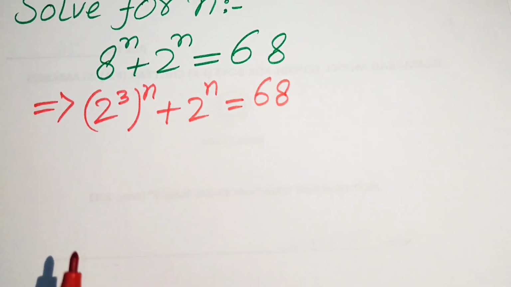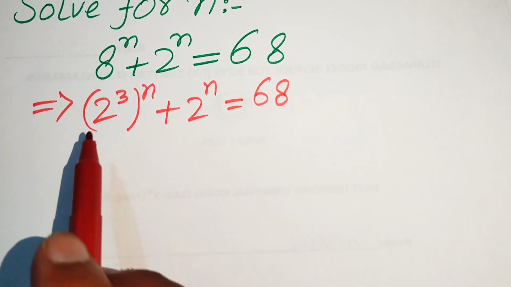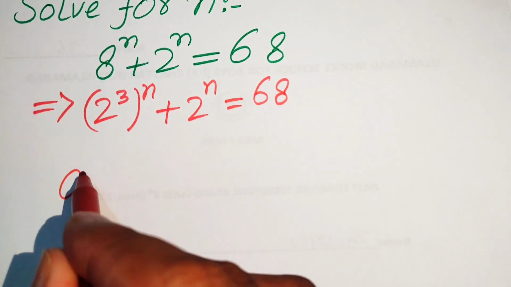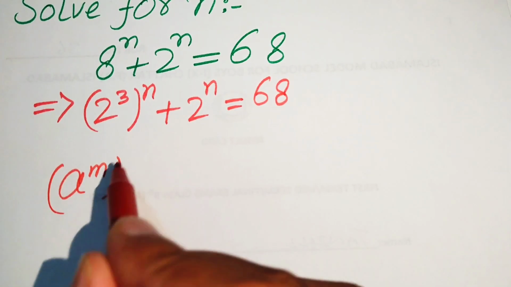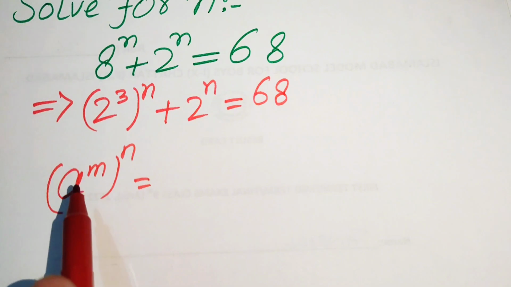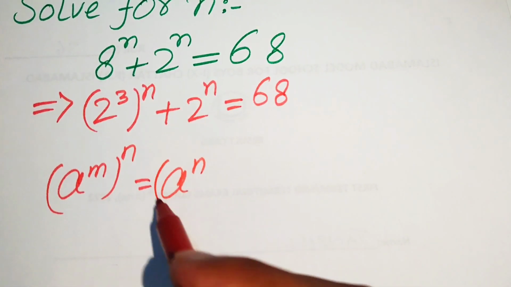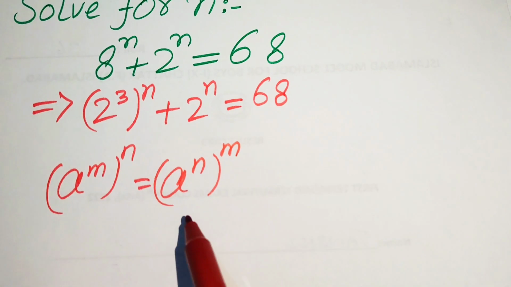And now in the next step, we use the rule of interchange, and you know about this rule. If we have a to the power of m to the power of n, this rule of interchange tells us that we interchange these two exponents and write it as a to the power of n to the power of m.